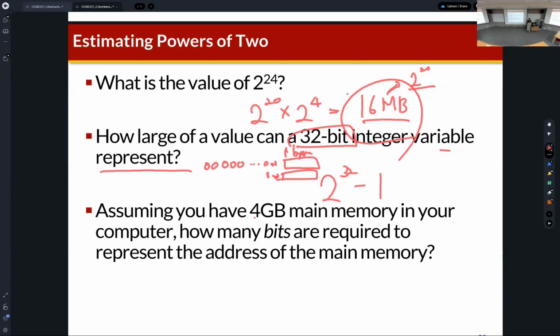Say my computer has 4 GB of main memory. How many bits are required to represent the address?